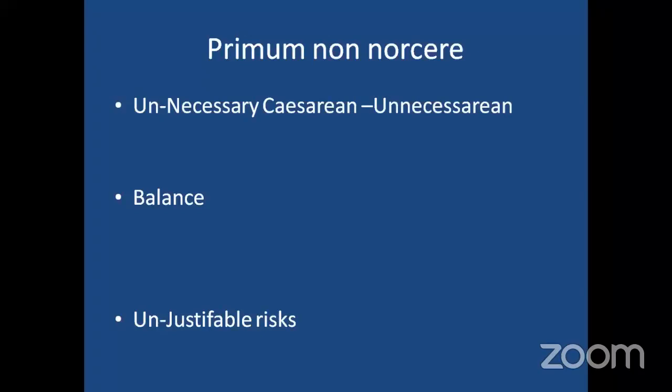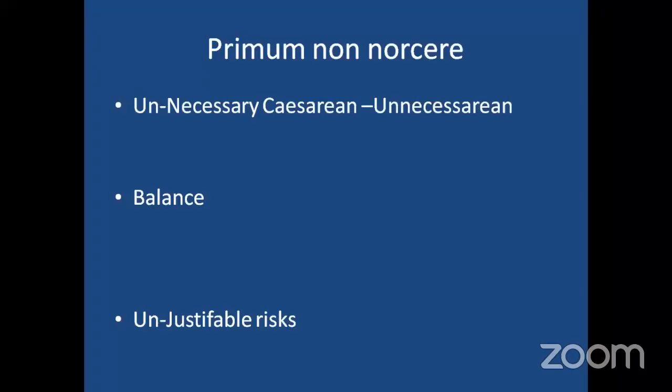So what we have to do is go from an unnecessary cesarean, I have just given it the nickname of unnecessarian. I do not know how many of you will laugh at it, but I found it quite amusing. So going from unnecessary cesarean sections to a necessary cesarean section, striking a balance and not taking unjustifiable risks.